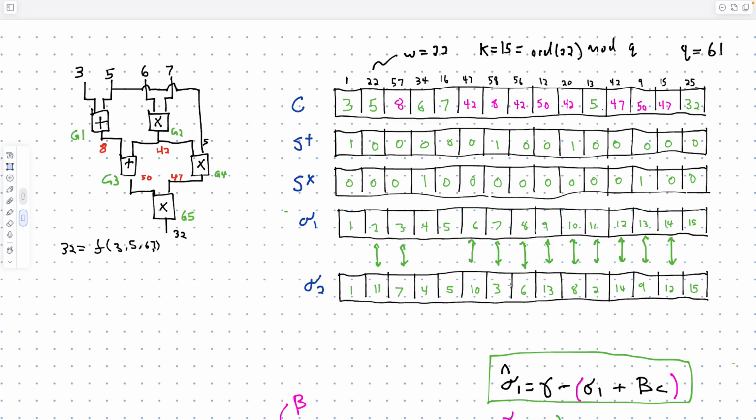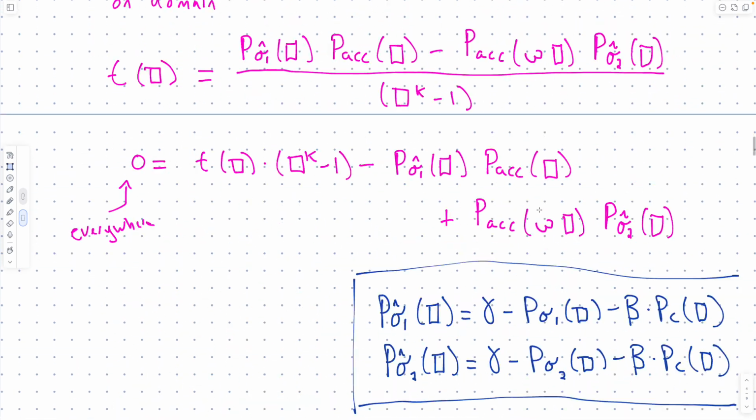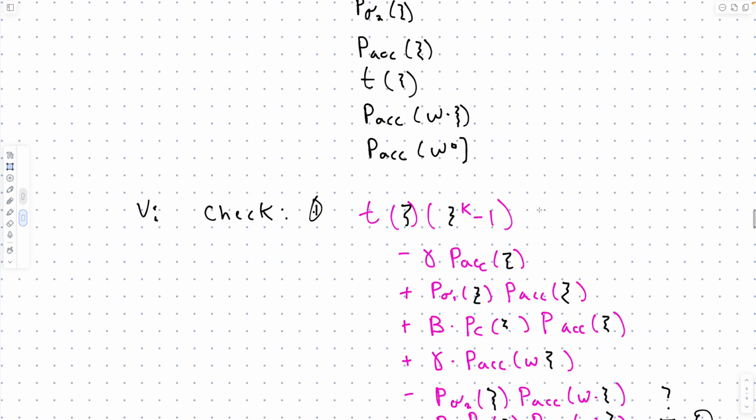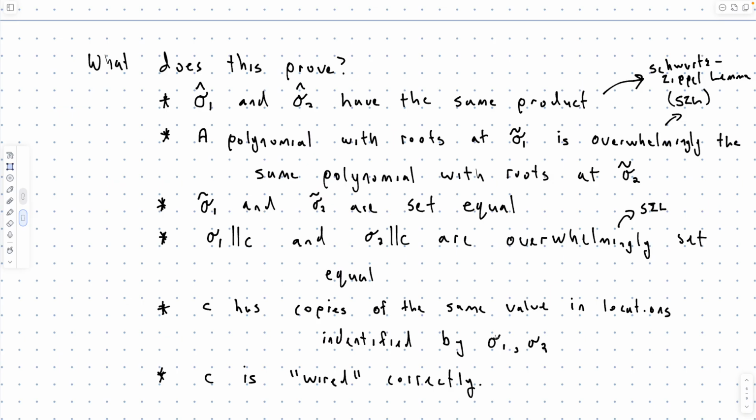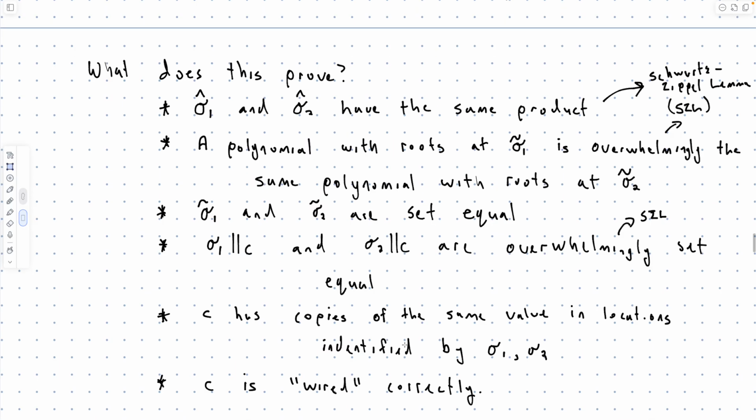And then you can similarly go through the rest. And that tells me, assuming that sigma 1 and sigma 2 are capturing the correct wiring of the circuit, then that implies that the circuit is wired correctly itself.